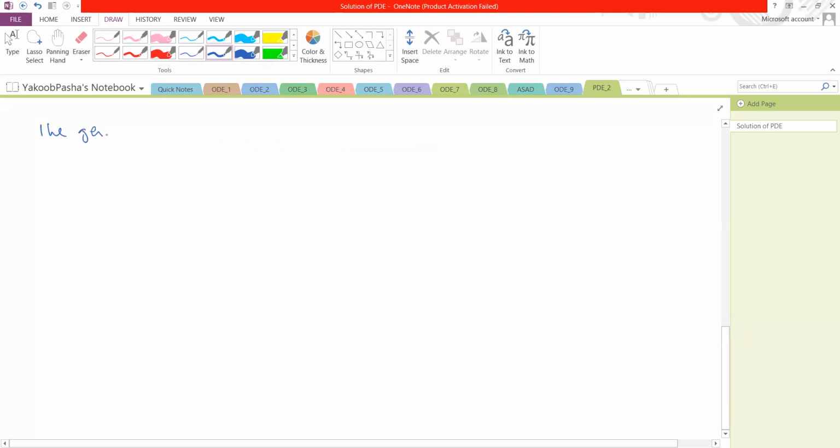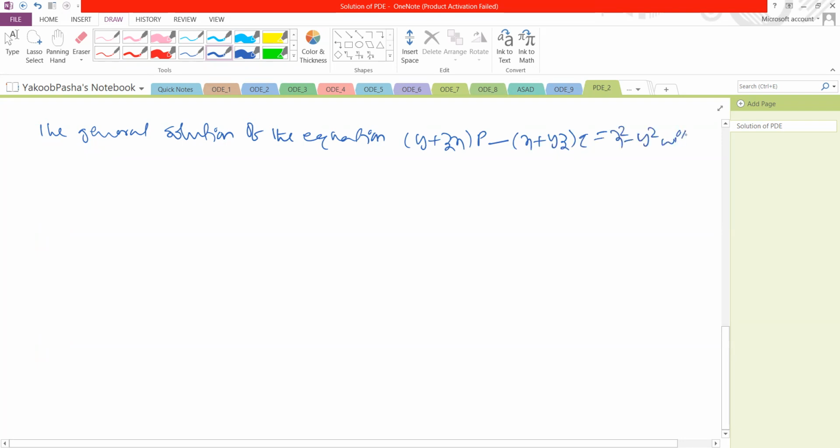The general solution of the equation (y plus zx) into p minus (x plus yz) into q is equal to x square minus y square, with the usual notations.